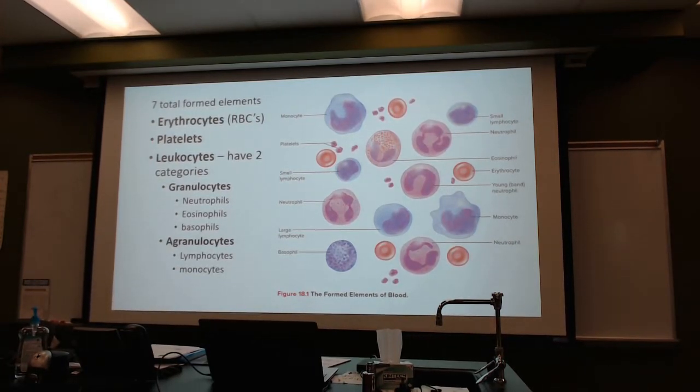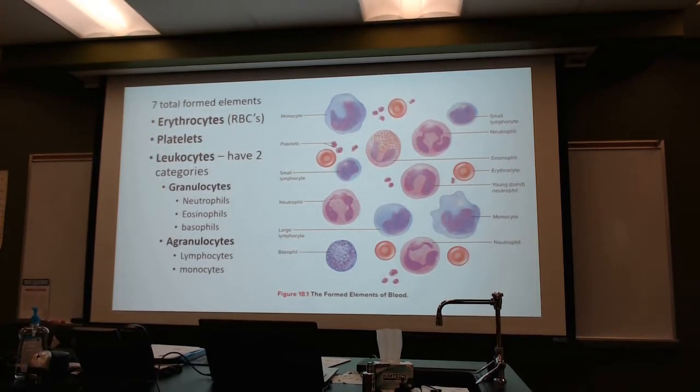Granulo. What does it kind of bring to mind? Sand. Granules. All the white blood cells have granules. It's just that when we first began to have the ability to look at them, when scopes were not as good as they are now, all right, it looked like some of them had the granules and some did not.